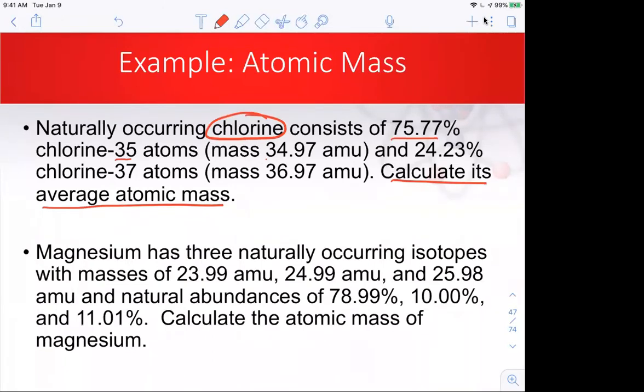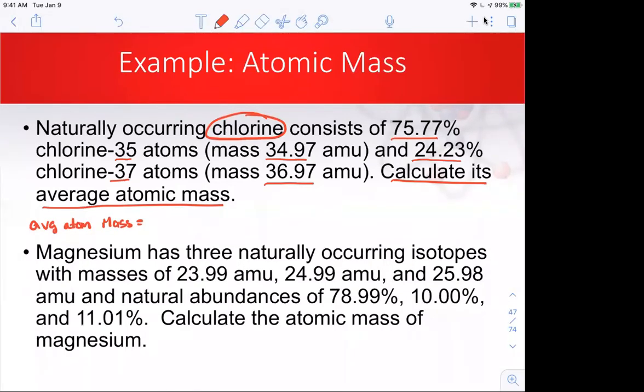These atoms have a mass of 34.97 AMU. I have 24.23%. This is my natural abundance of the chlorine 37 atoms. And this is the mass of that particular isotope.